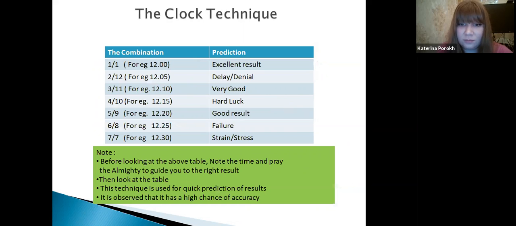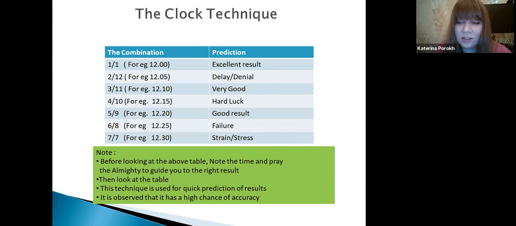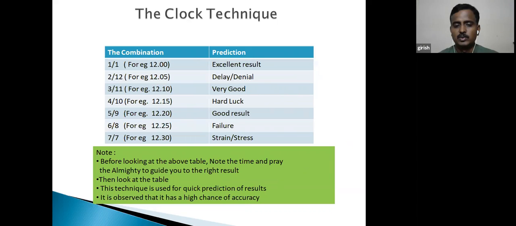Okay, so there's a note which I have written. There are certain rules which you must follow. Always, when somebody asks you a question, before you look at the time, you have to pray to the Almighty to guide you to the right result.